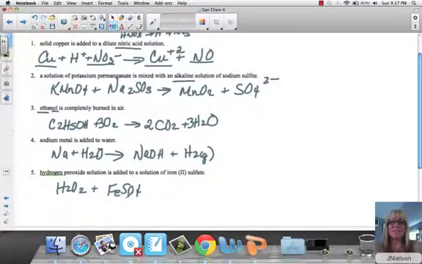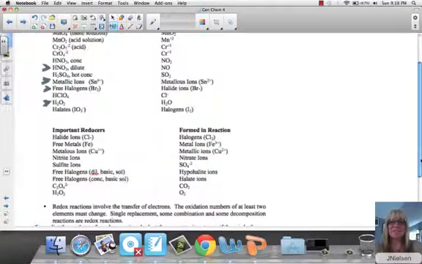We know that the Fe plus 2 is going to go to Fe plus 3, but there's something going on with the hydrogen peroxide. Now, there's two things that can happen. You can have hydrogen peroxide acting as an oxidizer, producing water, or hydrogen peroxide acting as a reducer and producing oxygen gas here.